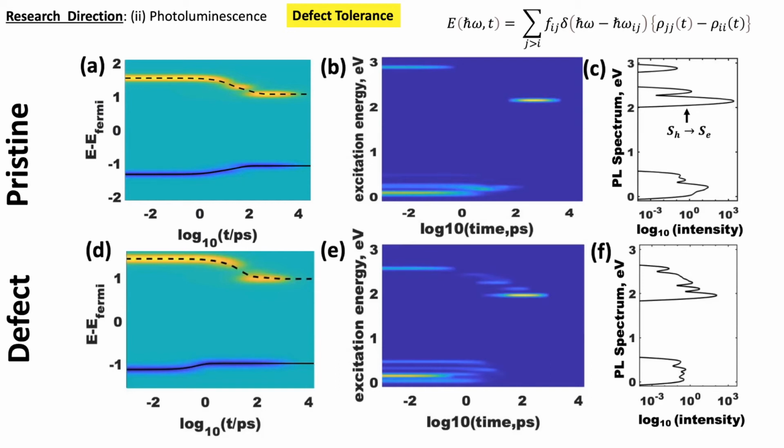What is interesting is that the lowest excitation, in the lower panel, which corresponds to the system with a defect, is not as bright as in the pristine, but it's quite bright.